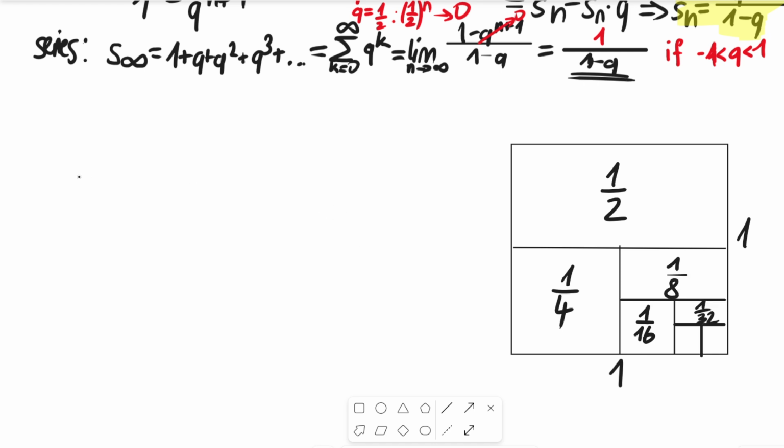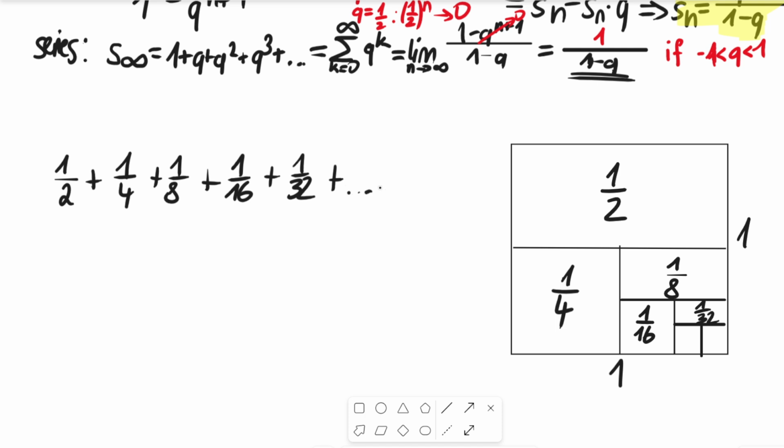So what do we have here? We have 1/2 plus 1/4 plus 1/8 plus 1/16 plus 1/32 plus, and you go on like that to infinity, and you know you cannot get out of this square, so the total sum is 1.